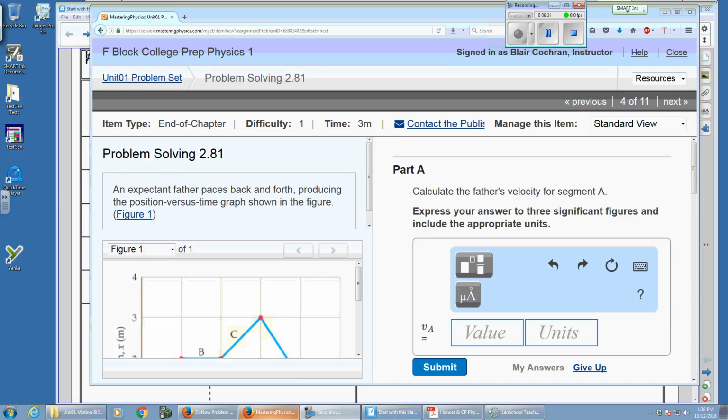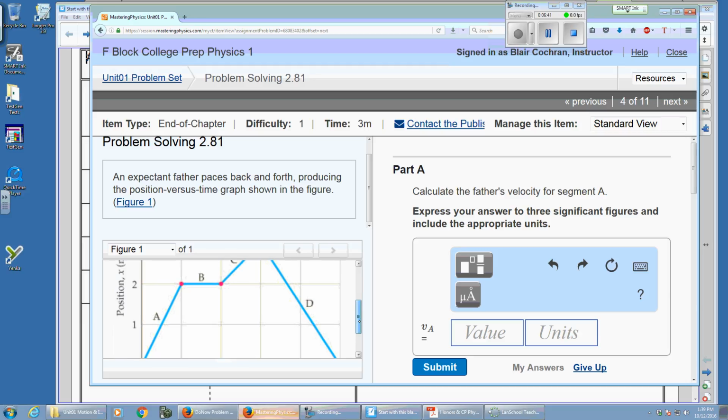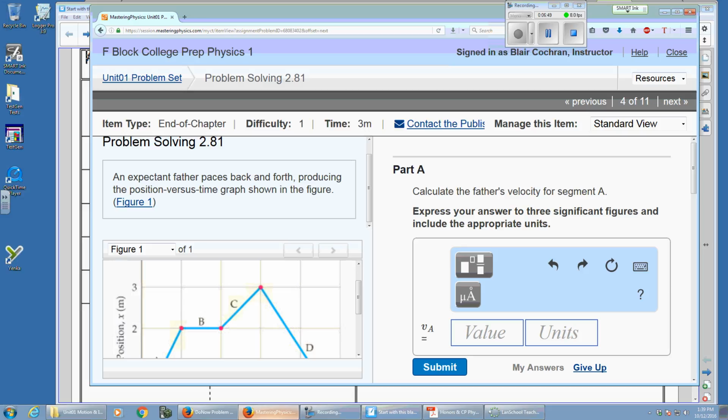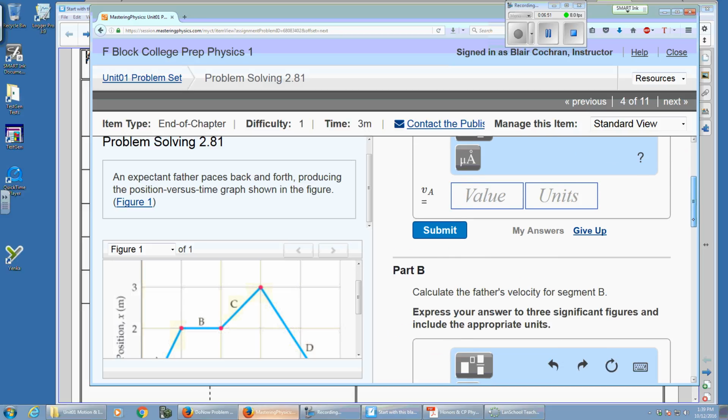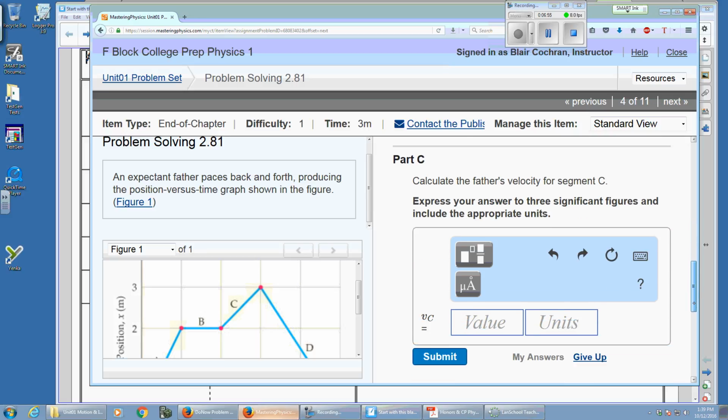All right, so number 4. Expected father paces back and forth producing the position versus time graph shown in the figure. Okay, so we got this position time graph here. Calculate the father's velocity for segment A. Calculate the father's velocity of segment B. Oh, we got to do units.